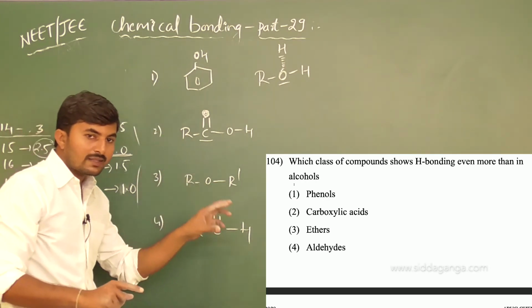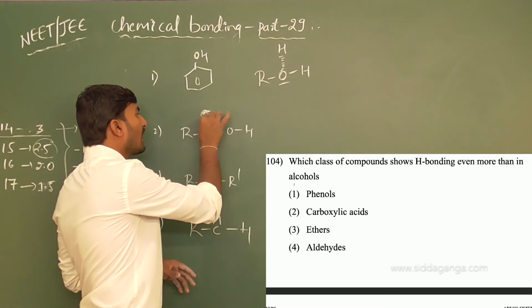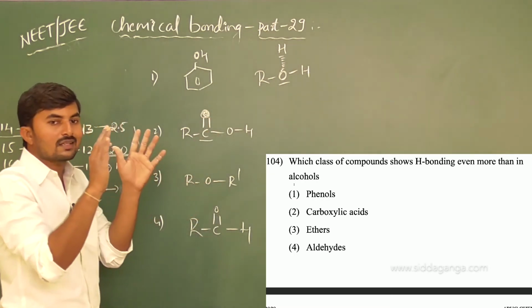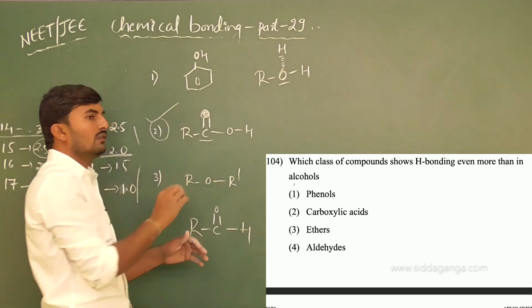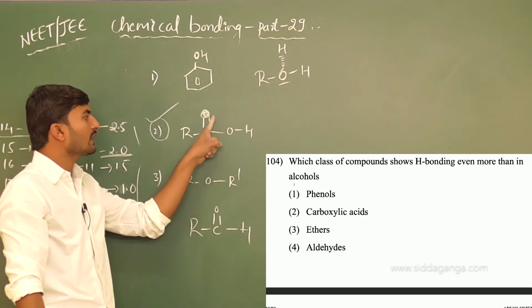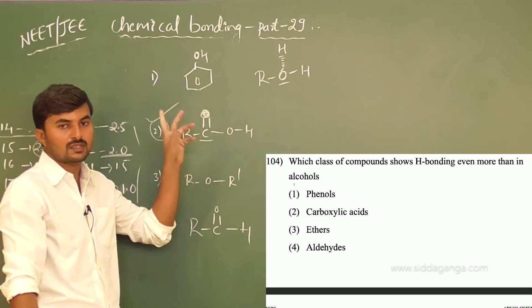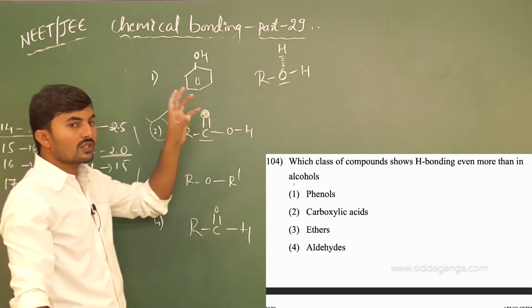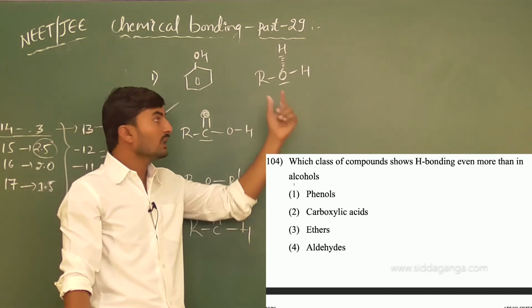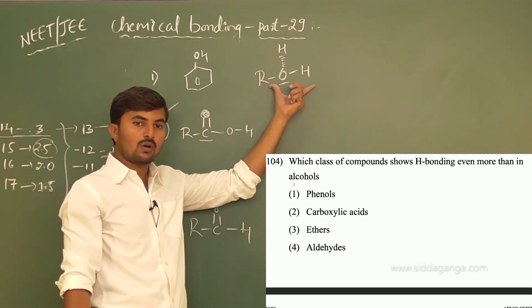So the only example where we have two oxygen atoms and more tendency towards hydrogen bonding is carboxylic acid, because of the presence of two electronegative oxygen atoms. That is the reason why carboxylic acids show hydrogen bonding even more than alcohols.